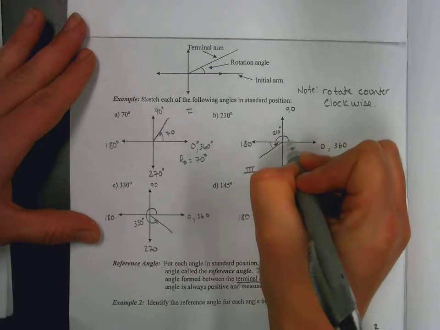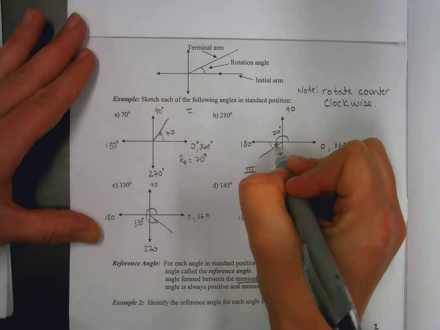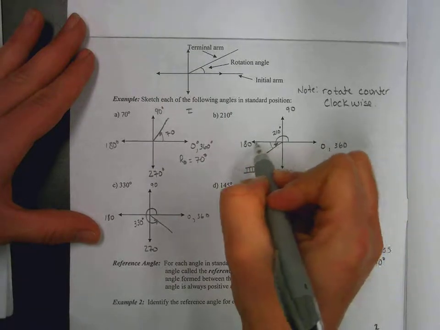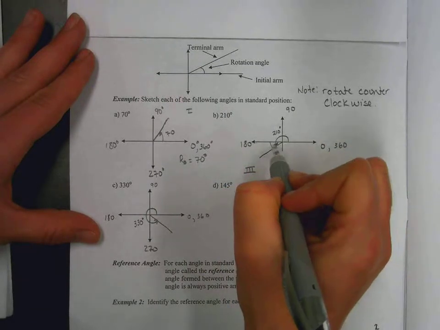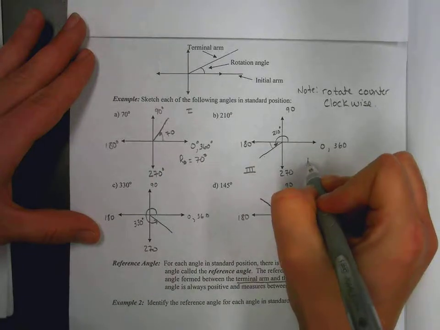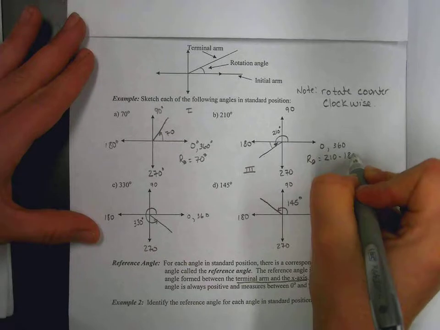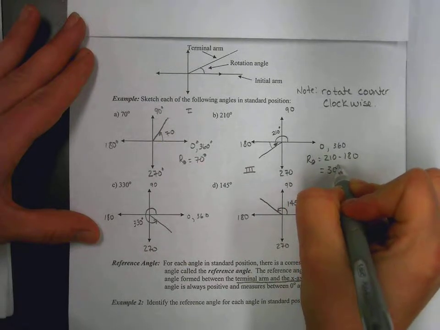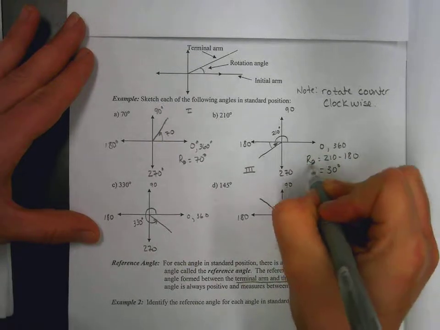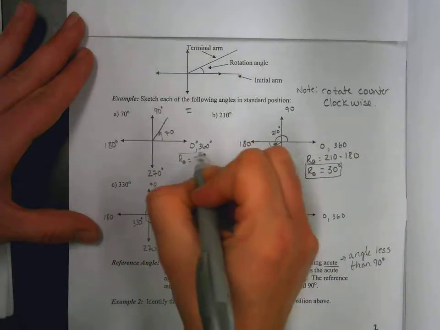So to figure that out, my full rotation is 210. I'm going to subtract this rotation to 180, and that'll give me my reference angle. So 210 minus 180 is equal to 30 degrees. So my reference angle here would be 30 degrees.